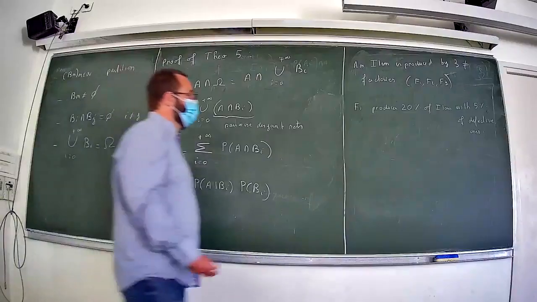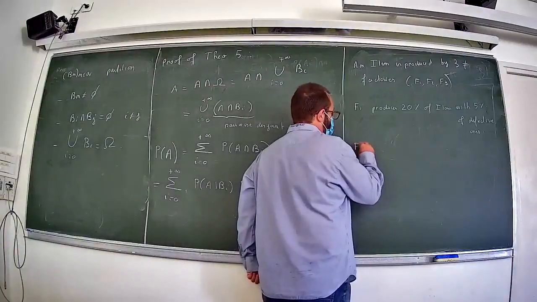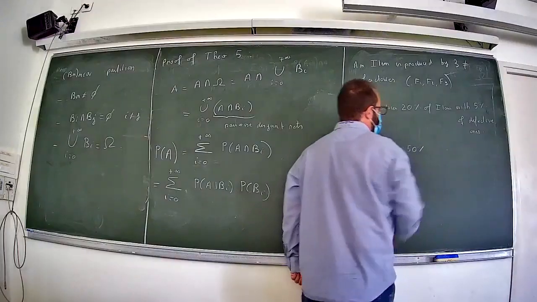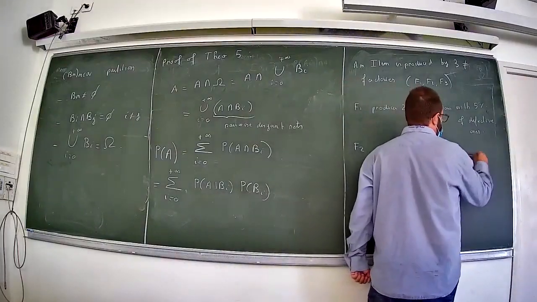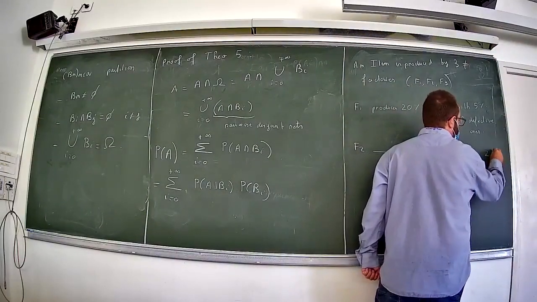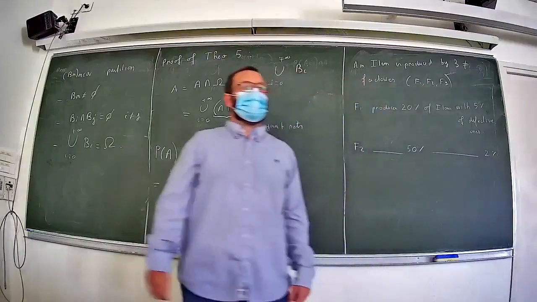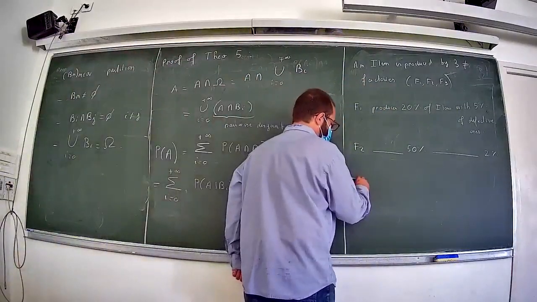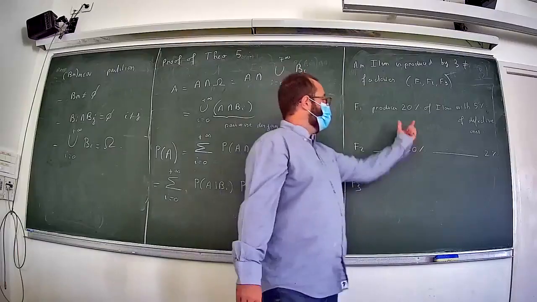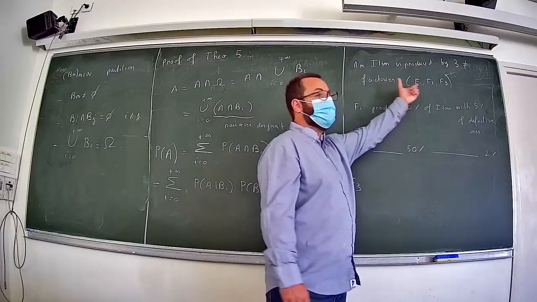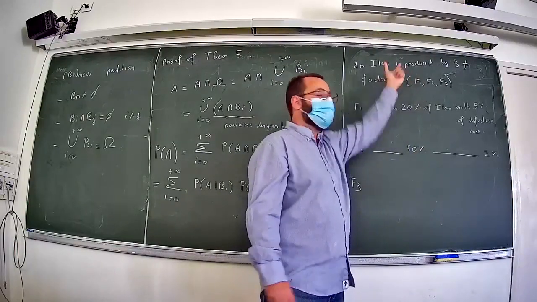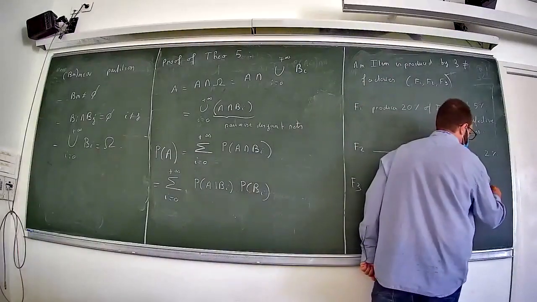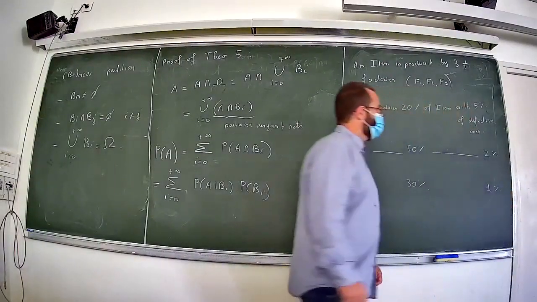I do the same for F2. I say it produces, let's say, 50% with, let's say, 2% of them that are defective. And for F3, I don't have the choice for this one because I have only 3 factories that produce the item. So I have here 30%, and here let's say 1%.